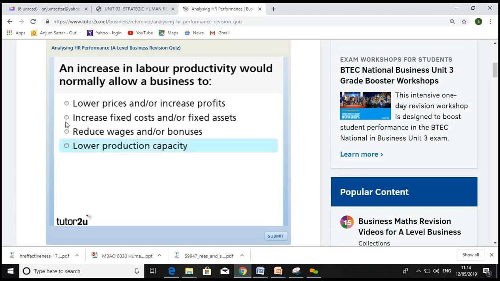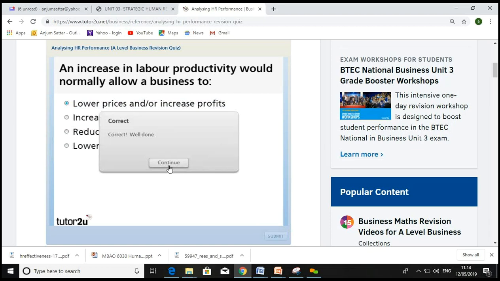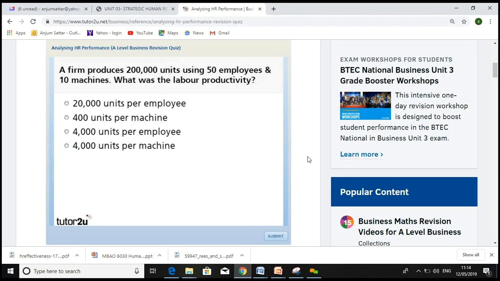Well, it should be A. Well done. Okay, next, a firm produces using 50 employees and 10 machines. What was the labor productivity?